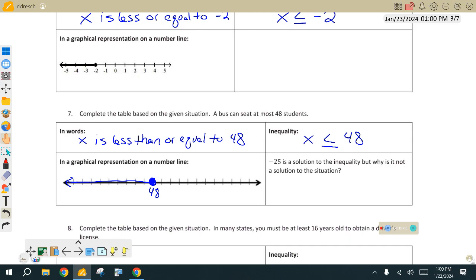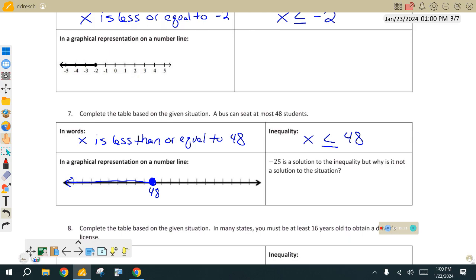Now, when we said less than or equal to, where does that continue on? That continues on to 1, 0, -5, -100, -1,000, and so on. On this last question I have for you, -25 says that's cool. But why does that not make sense to this particular situation?